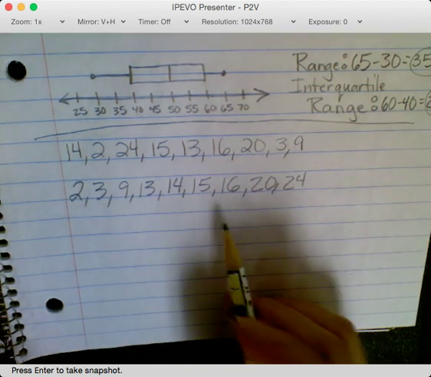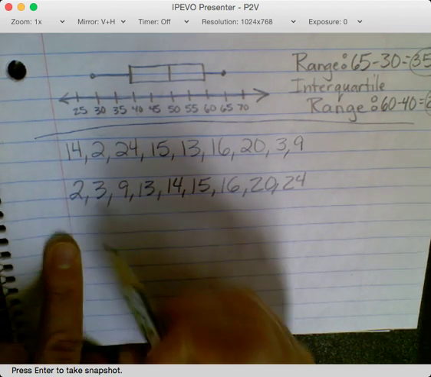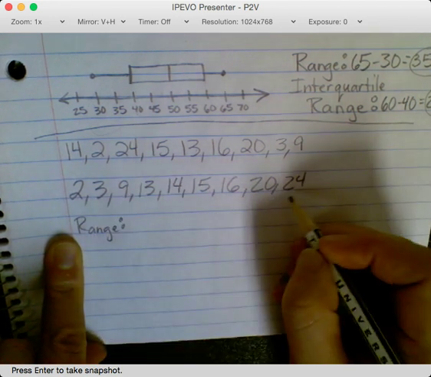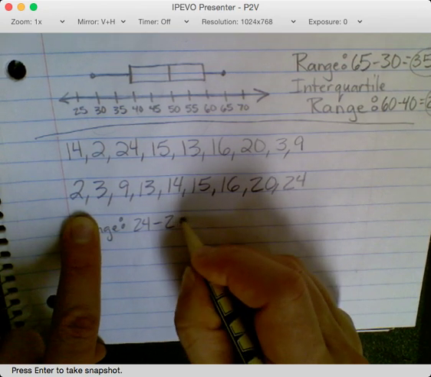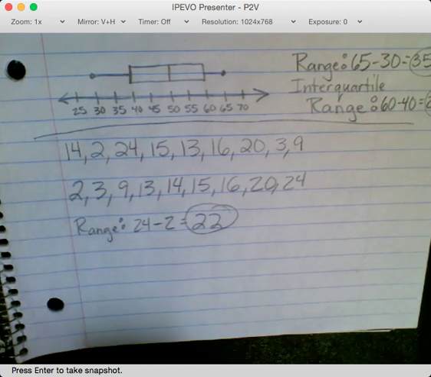Okay, so I've got them in order. I know my range is going to be my highest number, 24, minus my lowest number, 2, which is 22. So my range is 22.